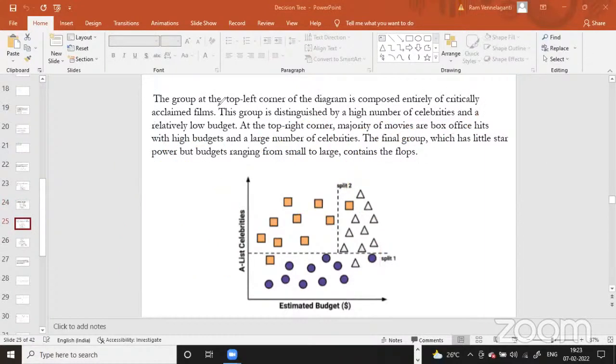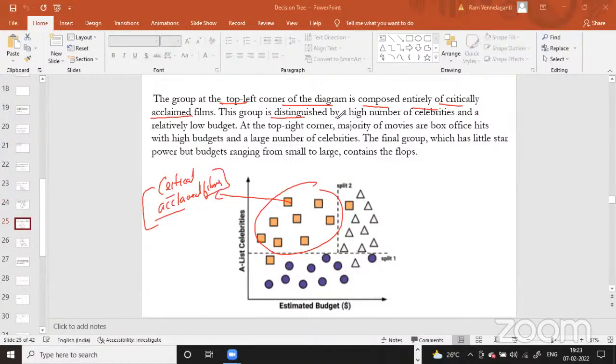The group at the left-hand side corner of your diagram is composed entirely of critically acclaimed films. All these are your critically acclaimed films. This group is distinguished by a high number of celebrities and also a relatively low budget.